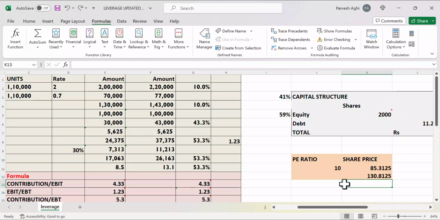Assuming the company is trading at a P ratio, the P ratio doesn't re-rate. Now, the P ratio also gets changed in the market, but only when the company gets re-rated. For example, let me tell you, like Reliance.